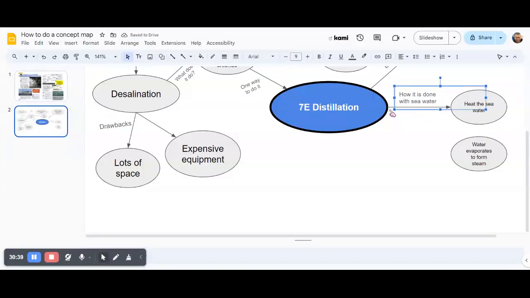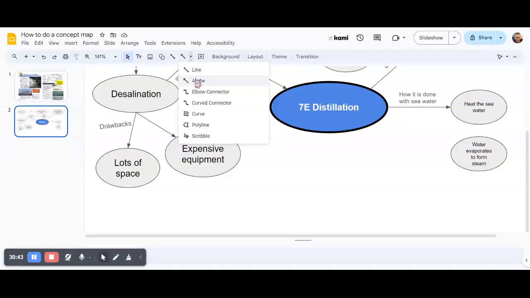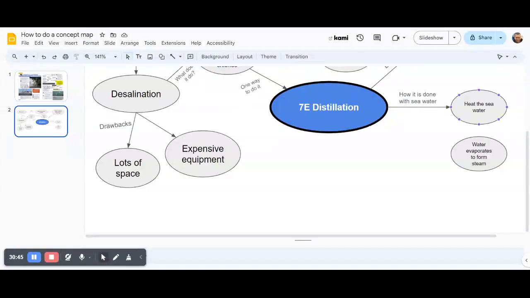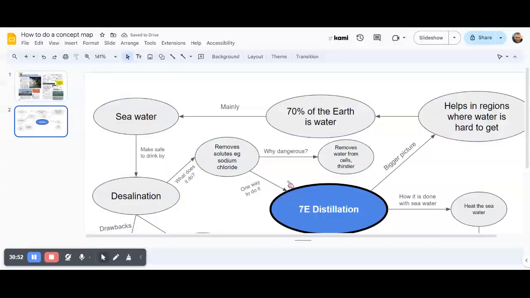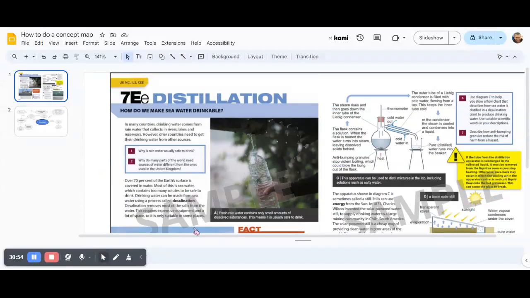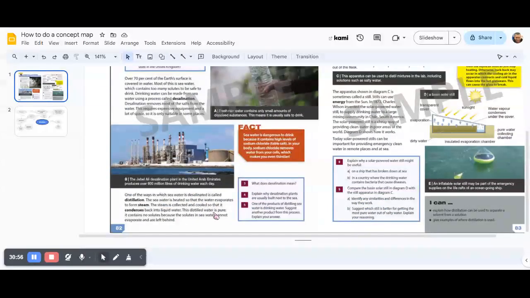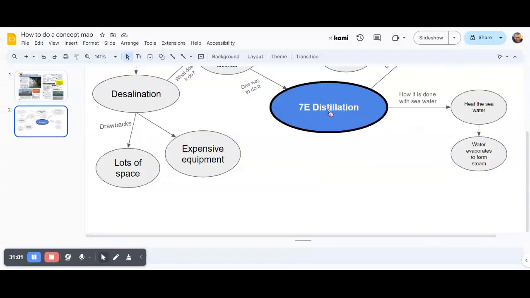Okay, so do I really need an arrow for this? Do I need to label the arrow? I don't think so. Okay, I just have to be careful as to how this is going to fit. So water evaporates to form steam. Now, go back to my original idea. It is the steam is collected and cooled, so it condenses back into liquid water.